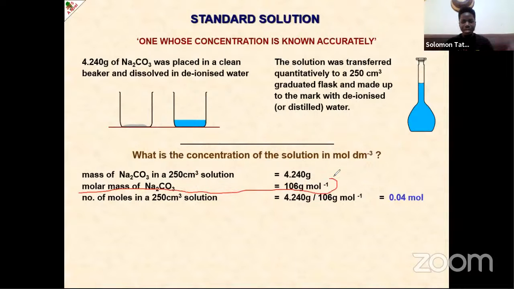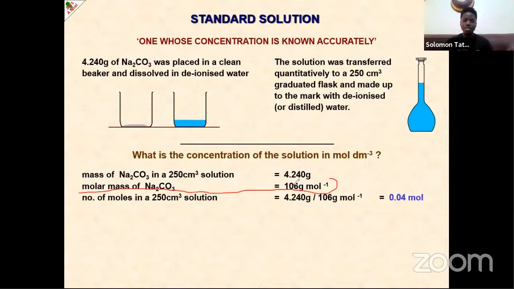Last time we did so many examples. But for those who are absent, for the molar mass, you just get the individual relative atomic masses of each atom and add them up. For example, the relative atomic mass of sodium is 23, 23 times 2 because we have 2 atoms, then plus 12 for carbon, and then plus 16 times 3 for oxygen.